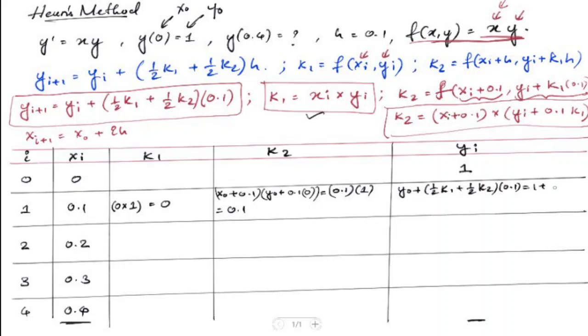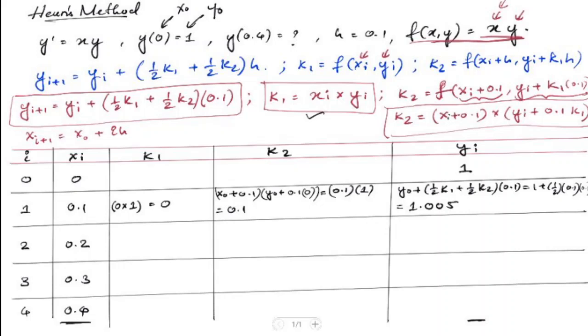So let's write that down here. We have 1 half times k2, which is 0.1, times h, which is again 0.1. So that will give us the value 1.005.